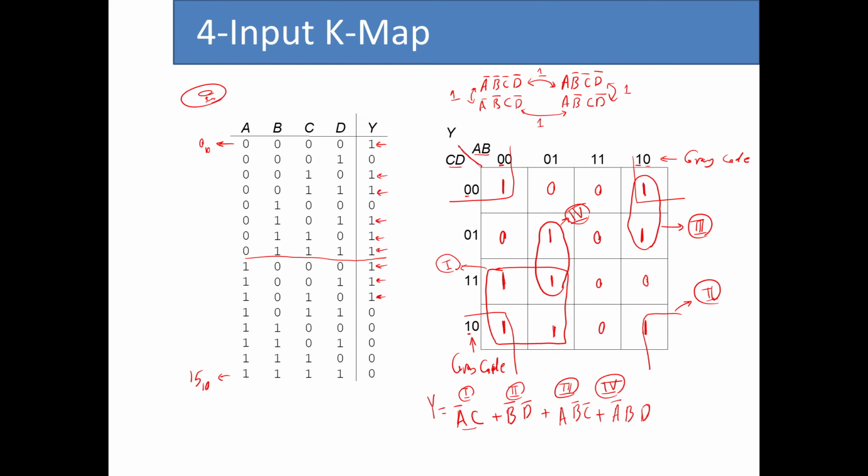But here we have 2 input ANDs and 2 3 input ANDs, plus a 4 input OR. But in the sum of product form for implementation, we needed 9 4 input ANDs and 1 9 input OR. Which, as you can see, using the Karnaugh map, we were able to simplify this function greatly.